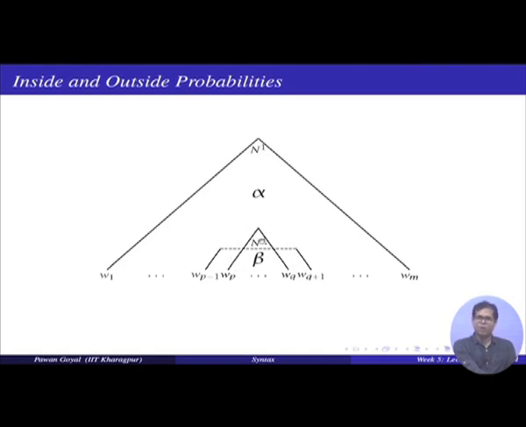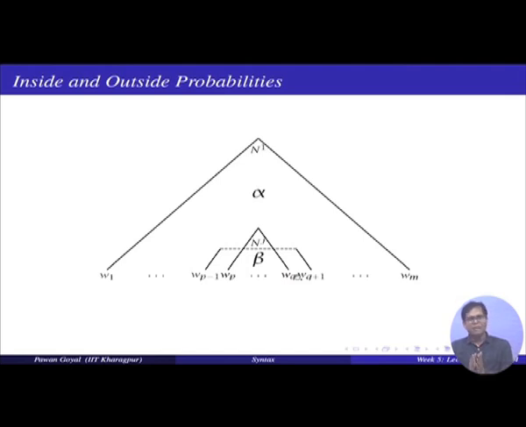Nj is one particular non-terminal, it can be NP, VP or so on. So assume that there is some non-terminal Nj that derives the sequence Wp to Wq. P and Q are arbitrary, you can take any p starting from 1 to m minus 1. So this Nj derives the sequence Wp to Wq.